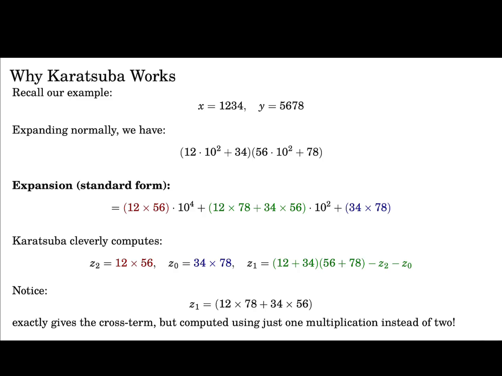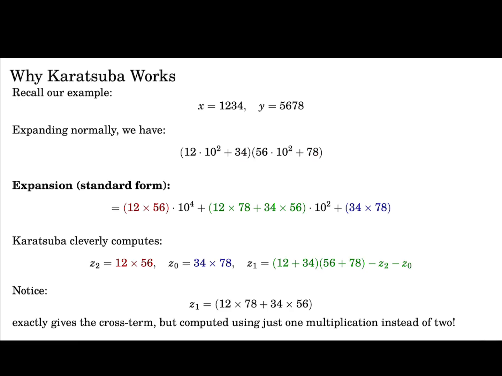Now, if you were to just multiply them using the standard algorithm, you would do 12 times 56 here, then times 10 to the 4 because of the 10 squared, of course. Then you would do 12 times 78 with a 10 squared appearing. But there's another 10 squared appearing, which is this 34 times 56. And then finally this 34 times 78.